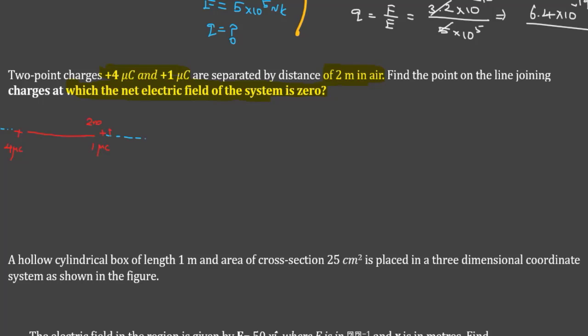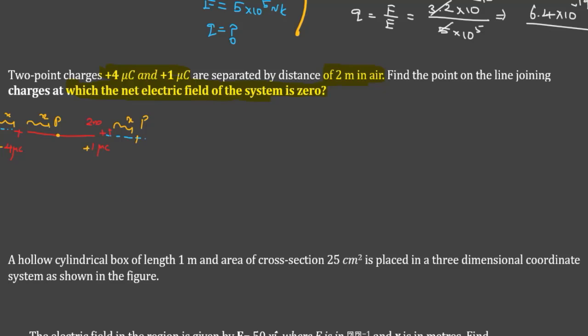One is left side of 4 microcoulomb, we can take a point at distance x, or right side of 1 microcoulomb we can take a point x, or we can take the midpoint. So like this we can solve three cases. We can take anything, but the easy way: this is a positive charge, this also a positive charge.